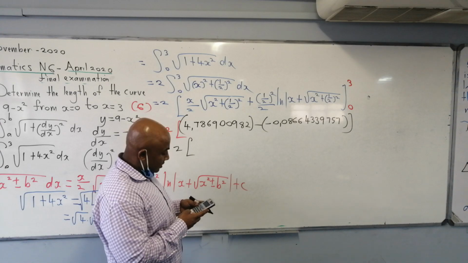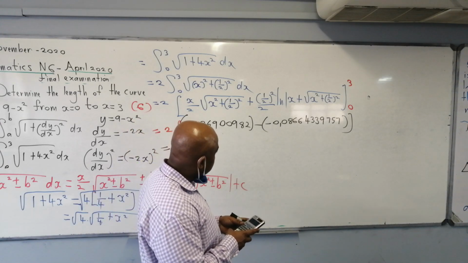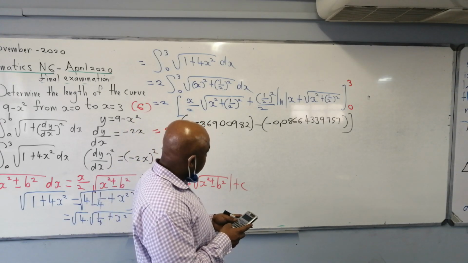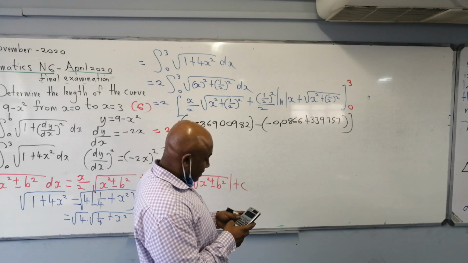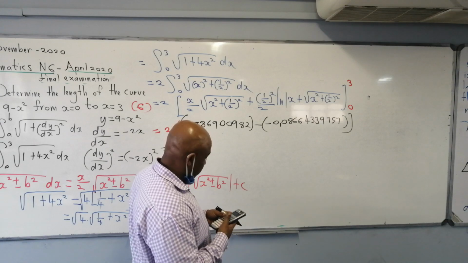So if we work this out, that's plus 0.0866433975 7.